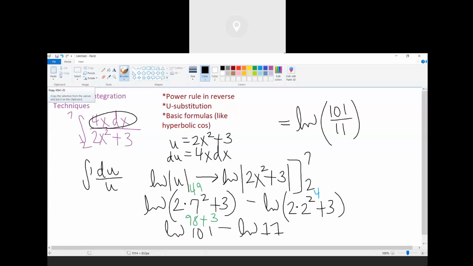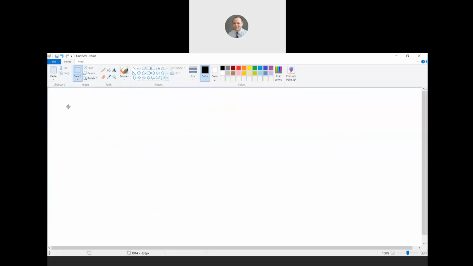Some integration may require you to use long division or some type of algebraic manipulation, and that is the case with our next problem. We have the integral of, and this is a fraction, 3x squared all over x squared plus 6 dx.